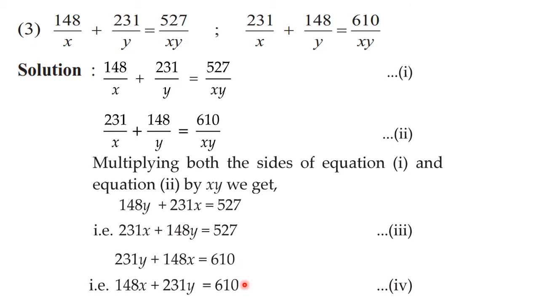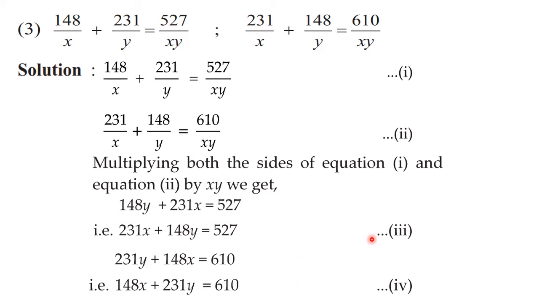Then we subtract, and we get one more simple equation. And again we add, so that one variable will be eliminated and we can get the other variable. So when you find that the coefficients are interchanged, always go for ASA. Keep this in mind: addition, subtraction, addition.